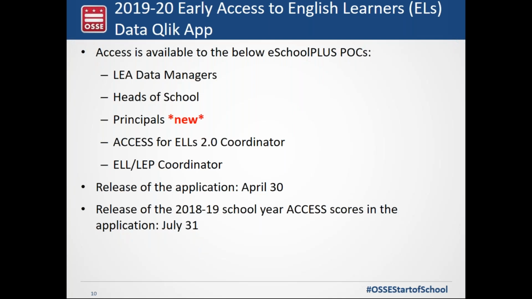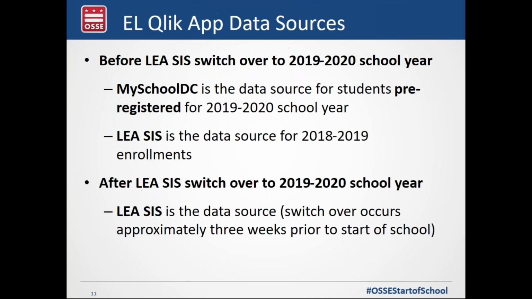Additionally, we anticipate that after exporting data from the app, it will be shared with relevant school staff for collaborative purposes. And you will find now that the app has the most recent access scores, and the 2019-20 growth targets available to you.